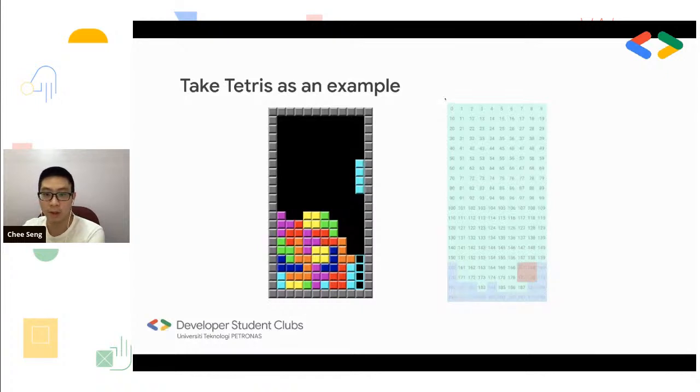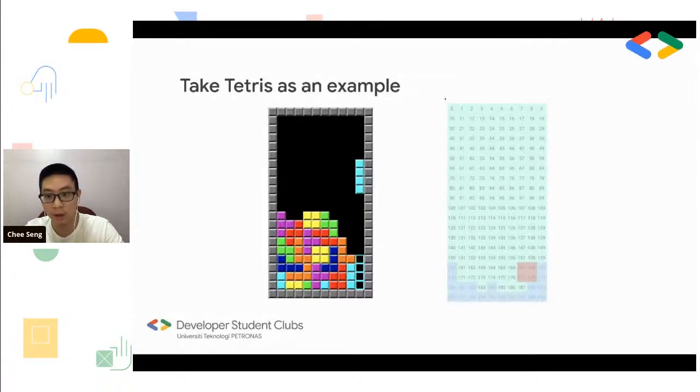This is an example from what I did I think two months ago, when I was teaching how to build a JavaScript Tetris game. So you look at the Tetris game in a very different way.